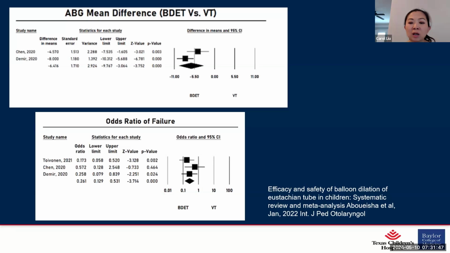And also, kids with balloon dilation of the Eustachian tube show a statistically significant lower failure rate in comparison to the ones only getting the ventilation tube.